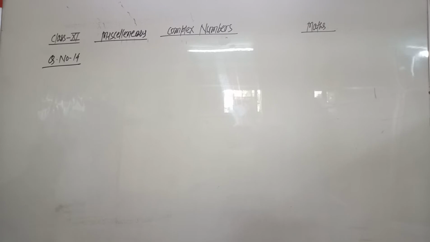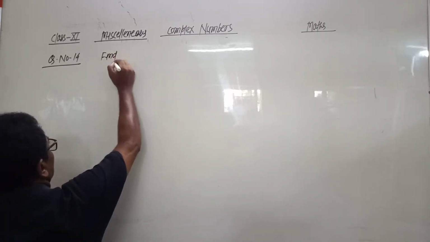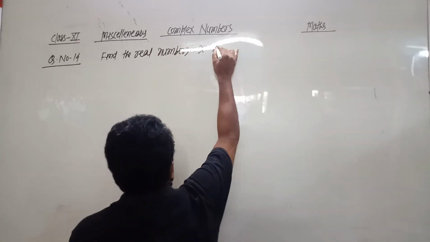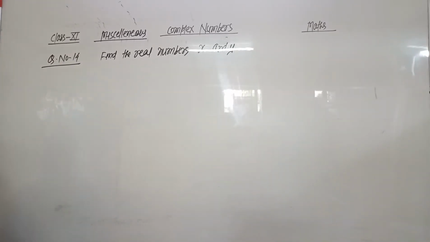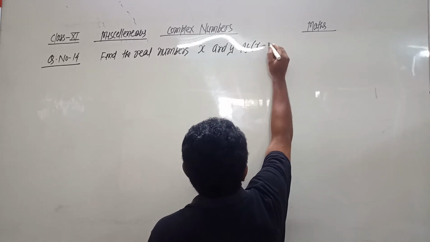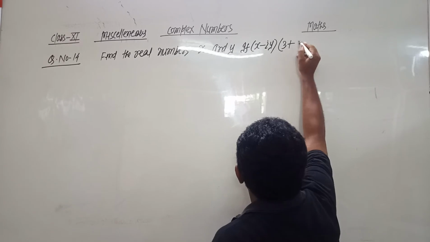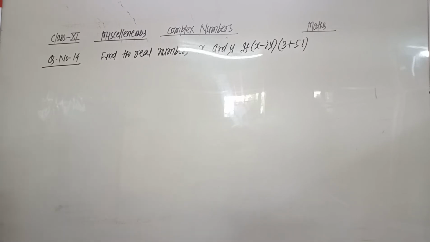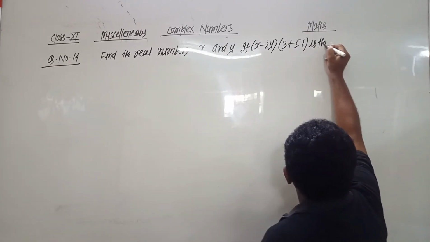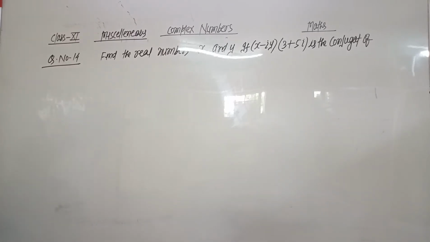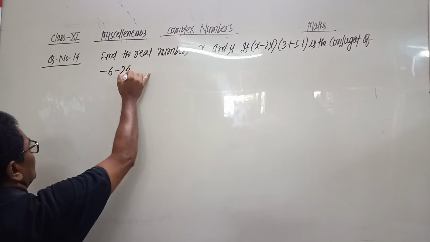Question number 14. Find the real numbers x and y, if (x minus iota y)(3 plus 5 iota) is the conjugate of minus 6 minus 24 iota.